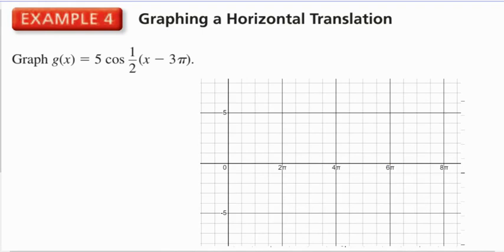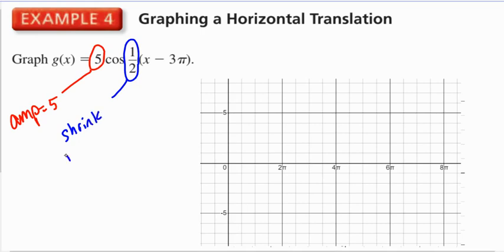All right, and then this one, we have an amplitude of 5. So this is going to be a very tall graph. We have a horizontal stretch of the period, actually. So we're going to do 2 pi divided by 1/2.